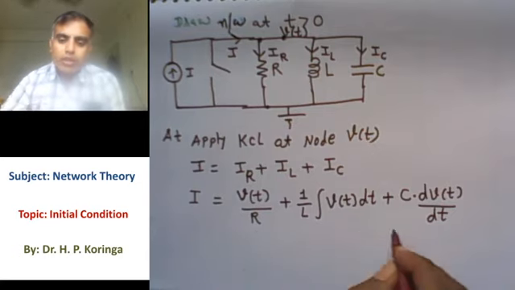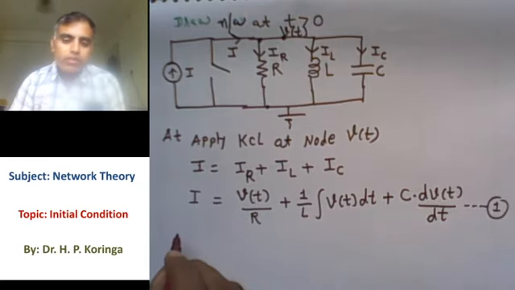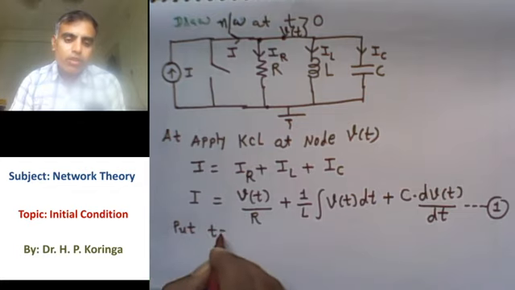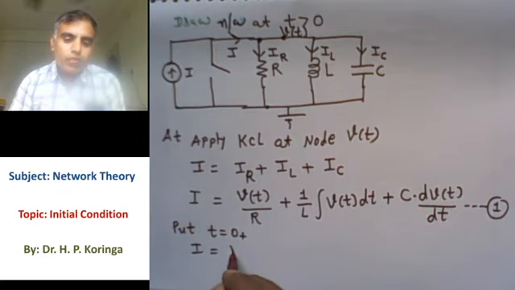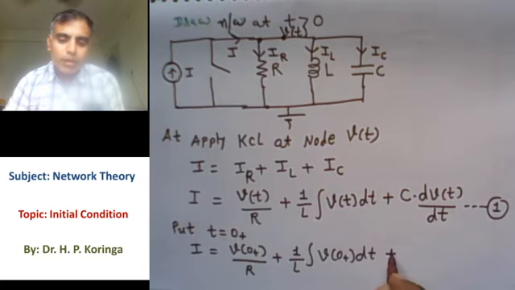Let me call this equation 1. In this equation, put t is equal to 0 plus. So I is equal to V0 plus divided by R plus 1 upon L integration of V0 plus dt plus C dV0 plus divided by dt.